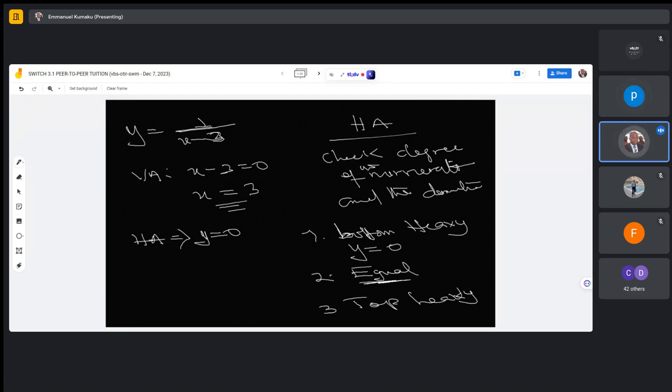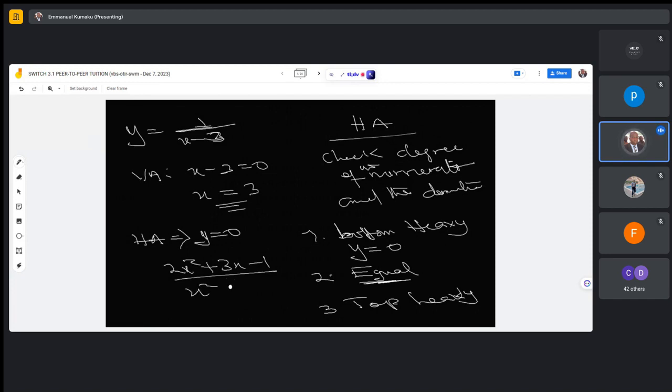So let's look at rule number 2. Situation number 2, when the degree of the top and the bottom are the same. For example, we can have maybe 2x squared plus 3x minus 1. An example, it's not for this question.